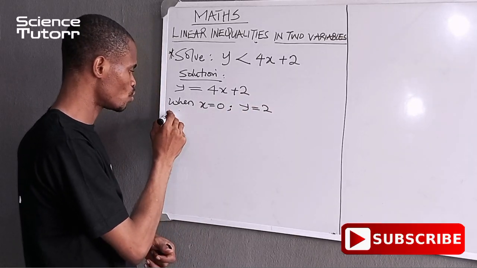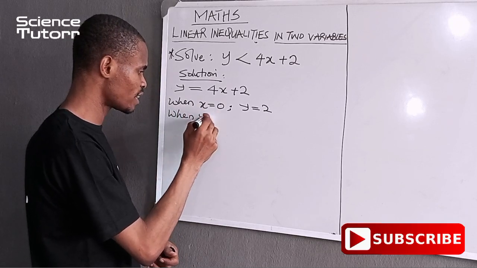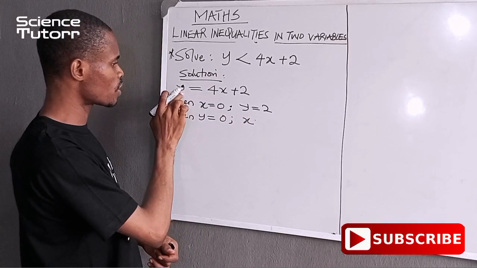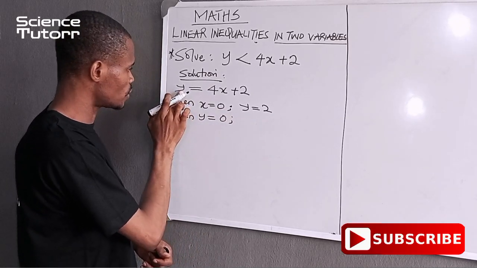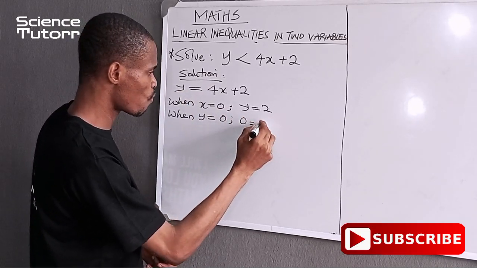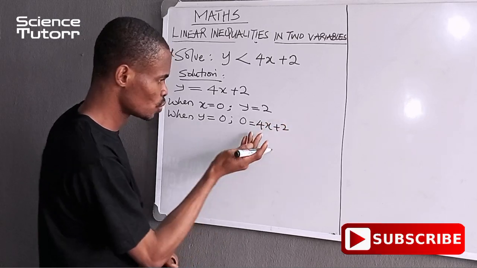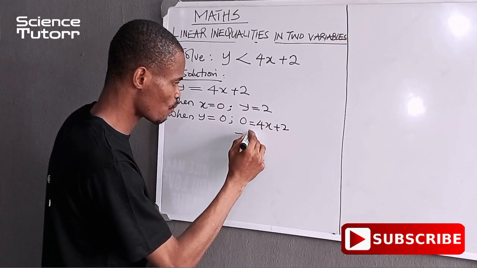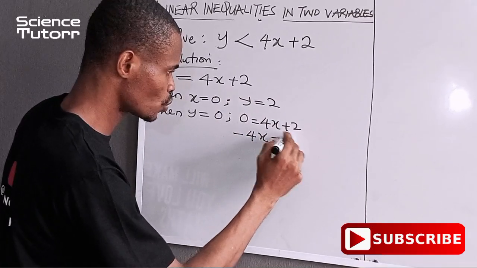We also do the same for y. When y equals 0, we have 0 is equal to 4x plus 2. So when we move 4x to the left hand side, we have minus 4x equals 2.